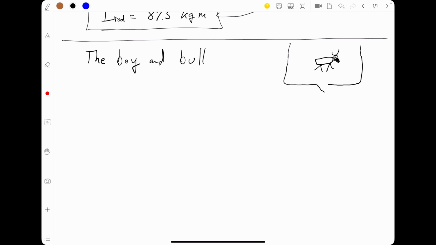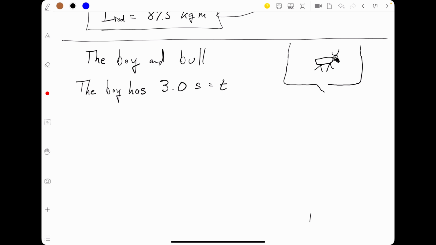Here's the thing. If he doesn't get the gate closed, the bull will get there because the bull wants out, right? The bull's trying to get to the cows. So the boy has 3 seconds. Not a lot of time.